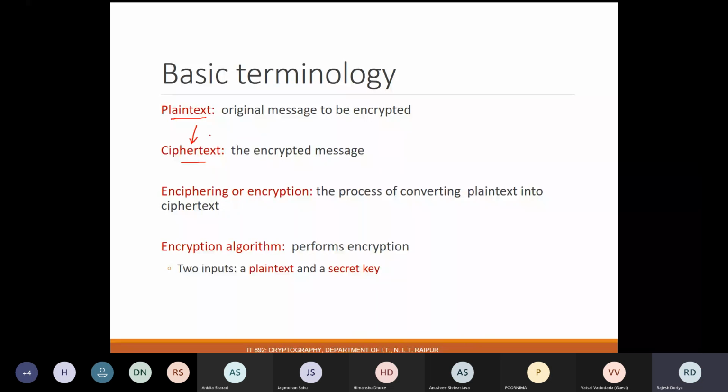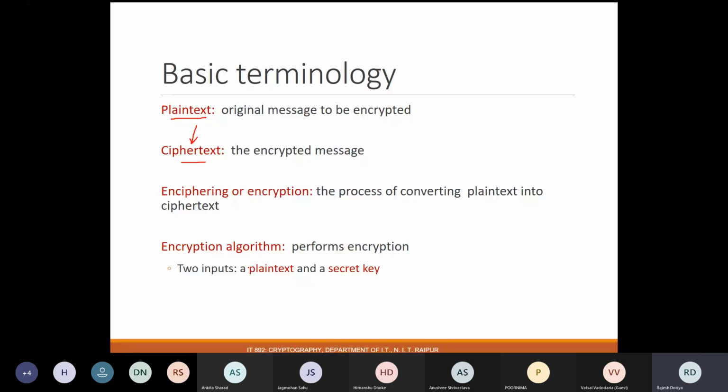So after applying any security mechanism, whatever message we have in our hand, we call it a ciphertext. And the process which has been applied on this plain text to get the ciphertext is called enciphering or encryption.